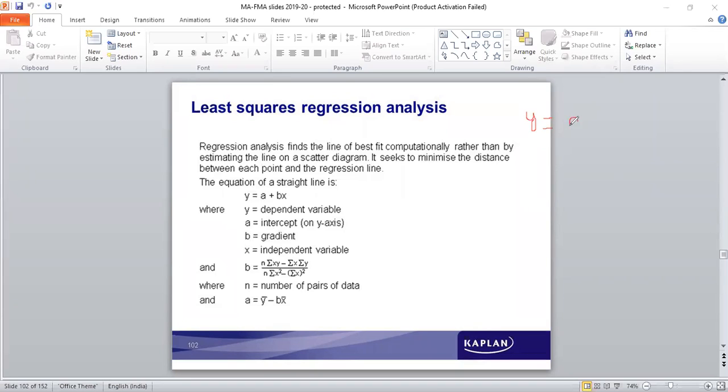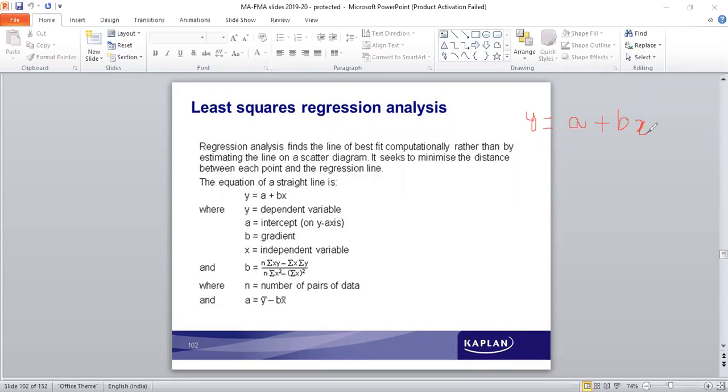So once we know what is a and b, which are constants, and the other variable which is an independent variable, x, for every value of x, the value of y can be calculated if there is a linear relationship between these two variables. So that is a linear function.